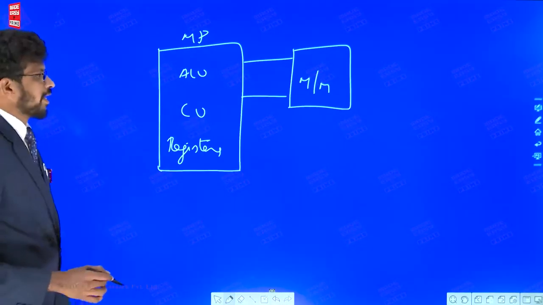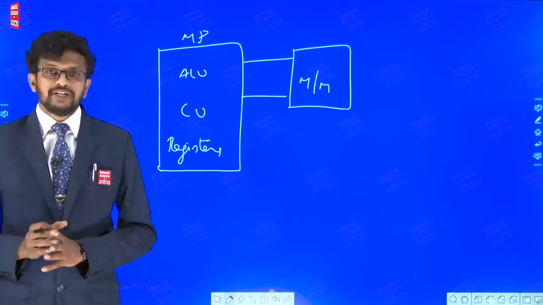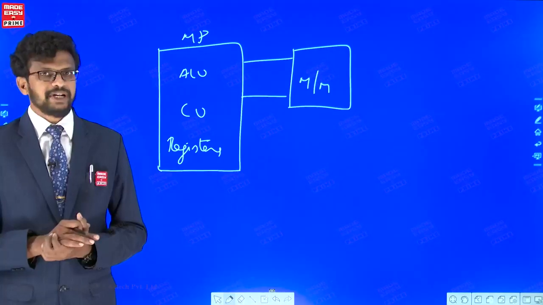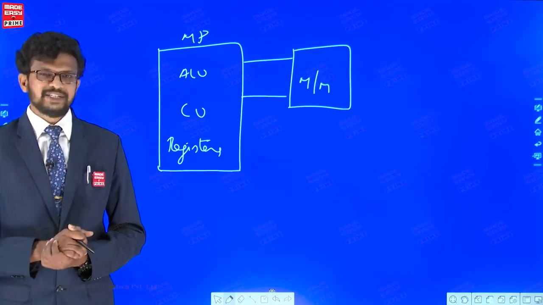Memory is always outside. But sometimes, whenever you communicate with the input output devices or memory, there are some intermediate circuits like decoders, latches, buffers, multiplexers, and so on.